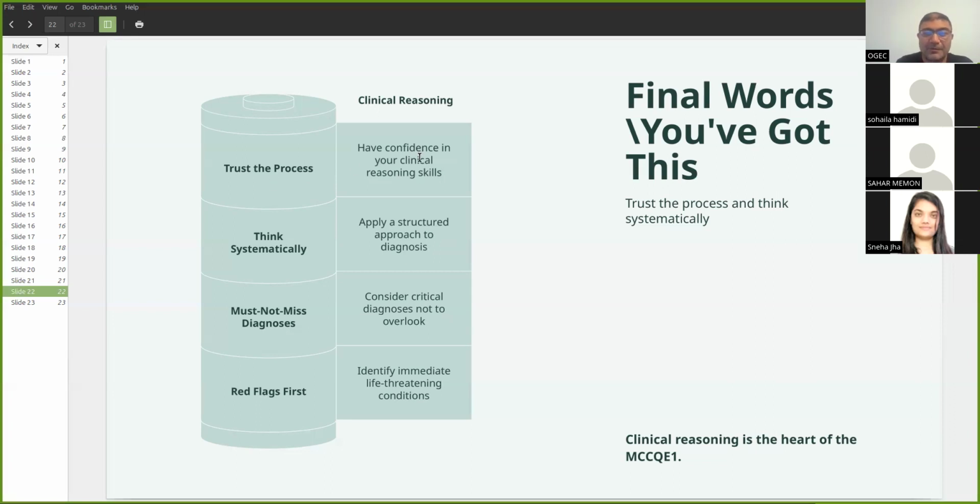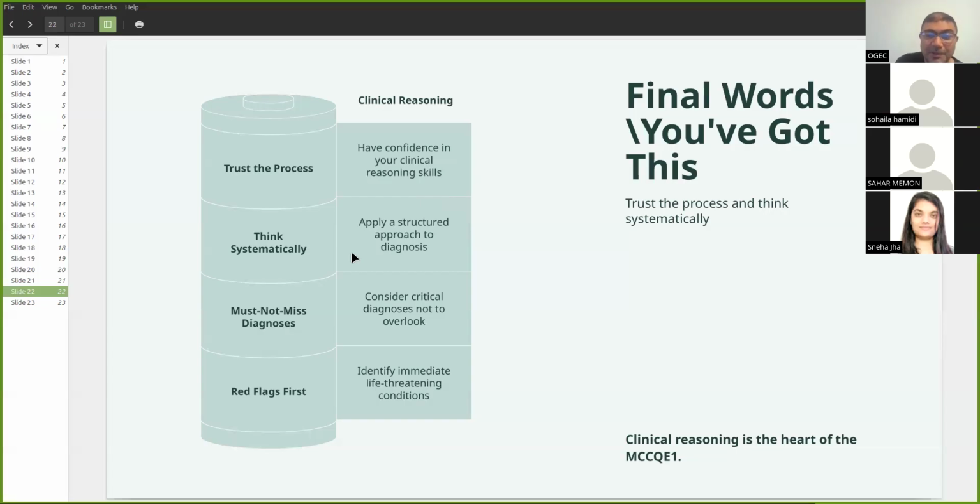You have to have confidence in your clinical reasoning skills. When you practice, your confidence and your clinical skills will improve.